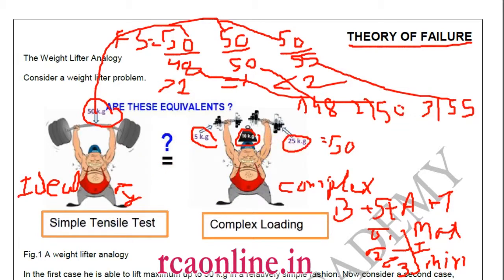I will take each one by one, but before that I require you to understand Mohr circle and sigma 1, sigma 2 and sigma 3, because without that it will be difficult to understand the theory.